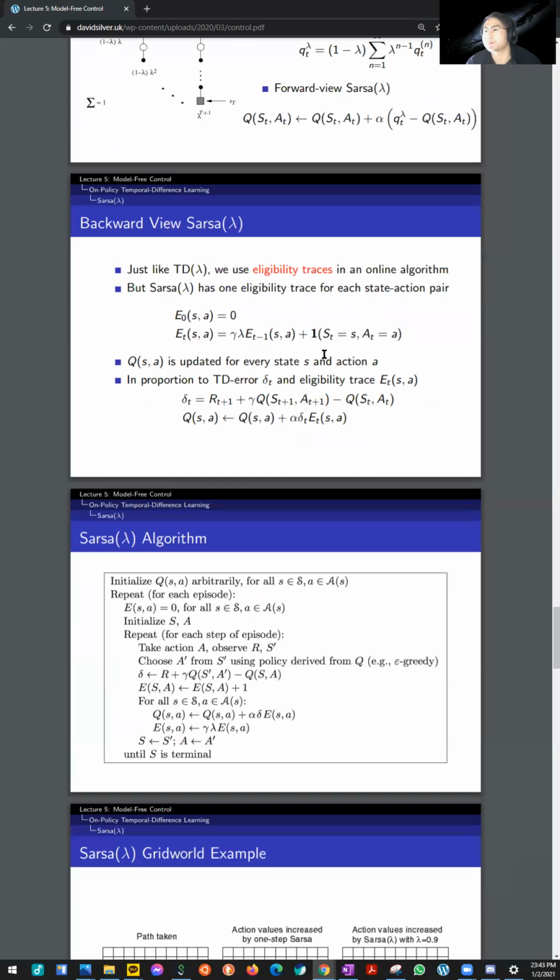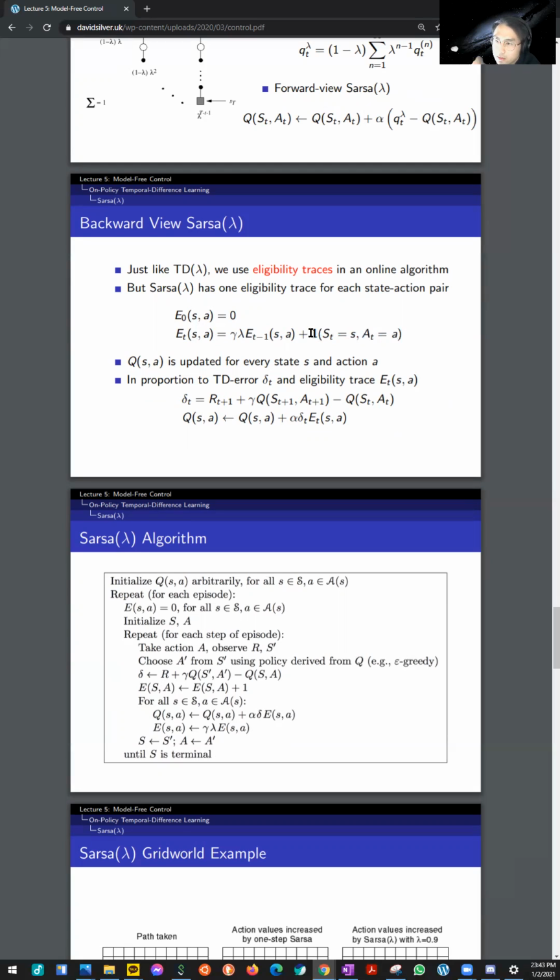Formally, as you can see here, this variable e shows the two heuristics that I just talked about. The second term is the indicator function. This variable E, the eligibility trace, gets incremented by 1 if we actually select that state-action pair.